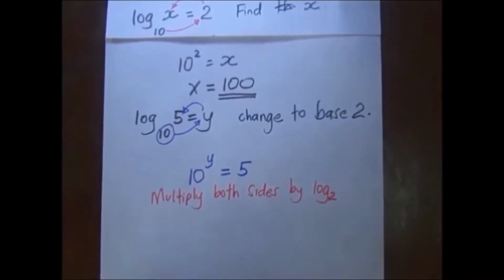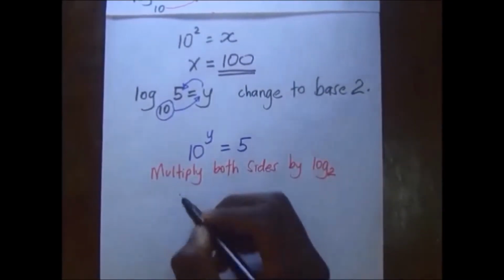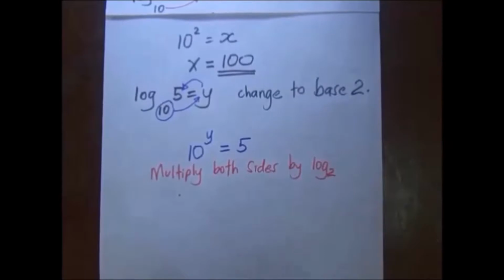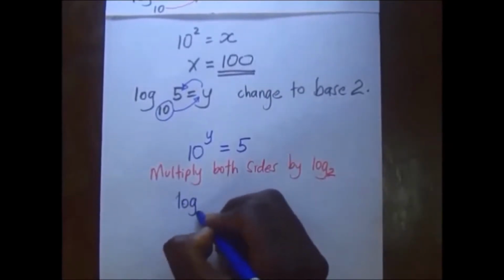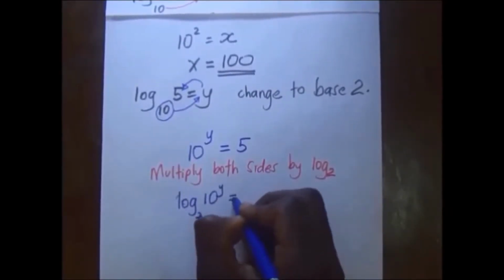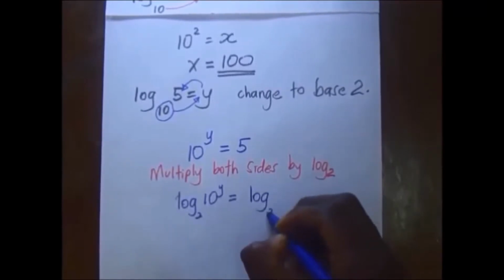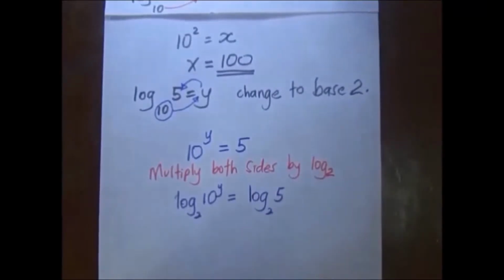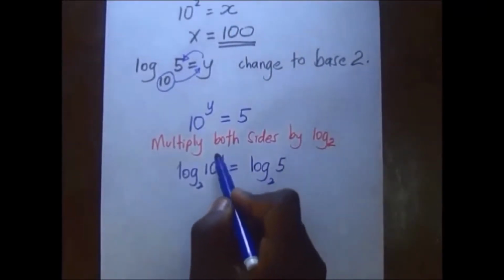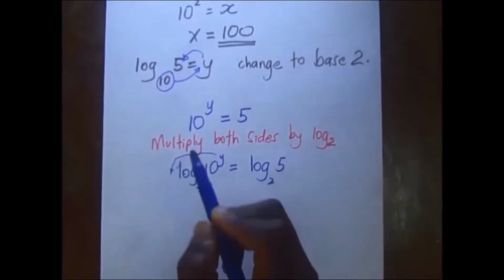So what we do here, we take log base 2 of both sides. When we do that, it shall become log base 2 of 10 to the power y is going to be equal to log base 2 of 5. Of course this y is going to come down from our laws.